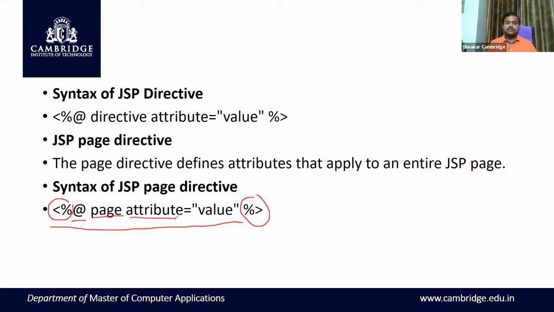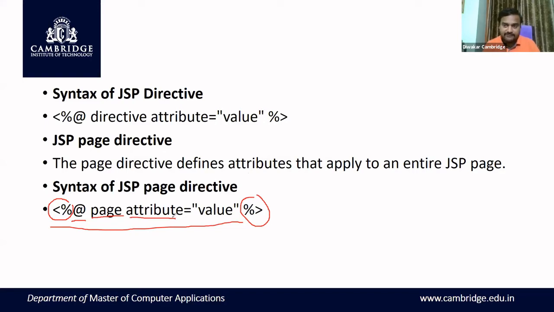What is an attribute? Attributes are nothing but properties of a tag. Why do we use an attribute? To provide input values to the tag. If a particular tag needs any input value, you use an attribute.